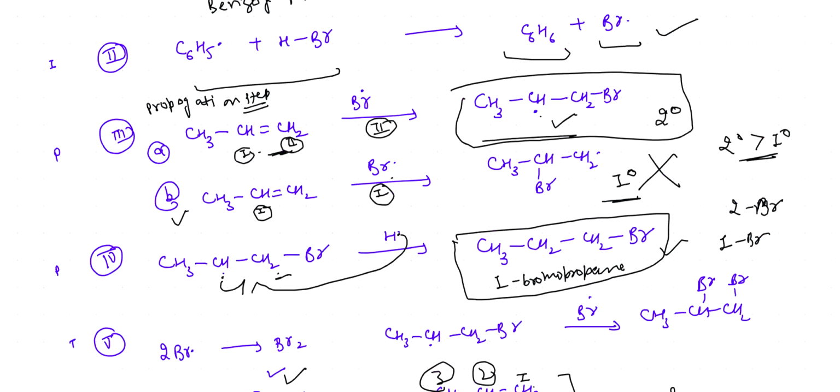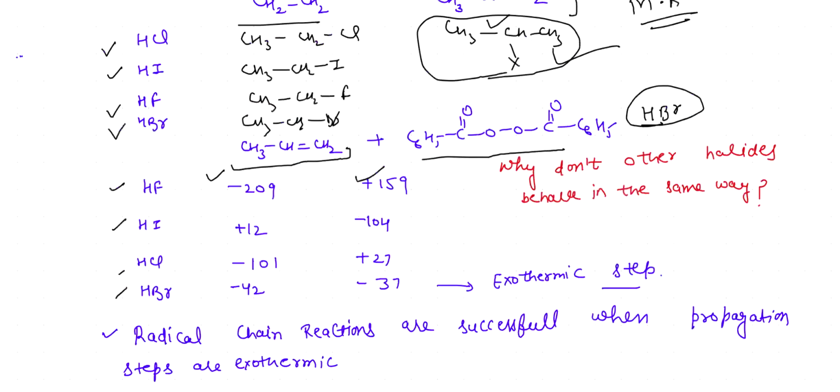When there is addition of halogen radical, the energy released in case of HF is minus 209, because this is an exothermic step and there is a negative sign, the energy is too high. And when hydrogen radical is added, it is endothermic, that is 159.